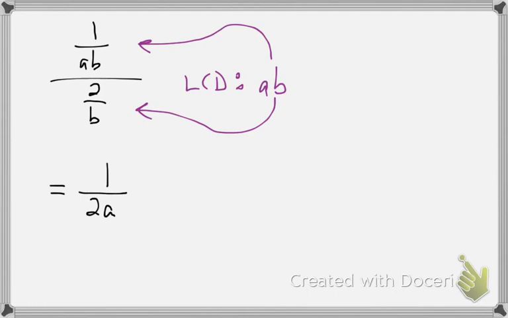You get 2A and the B's cancel, right? That's B divided by B. And what did I get? Same answer, right? It was the same question, so it should have the same answer. It did. All right. But now I can use this on the second example.